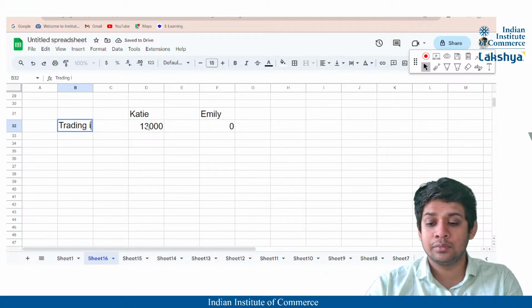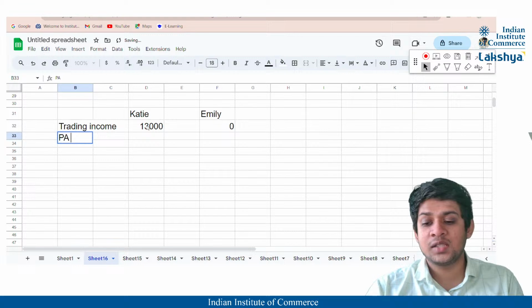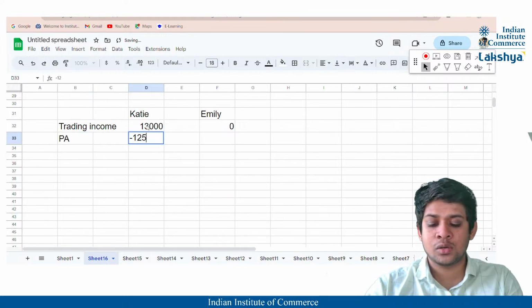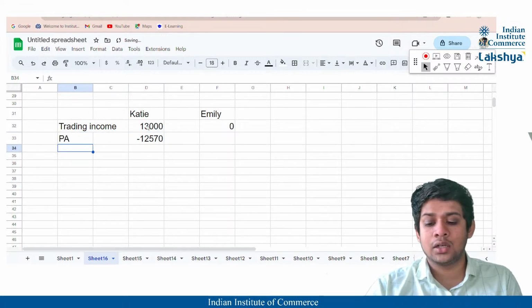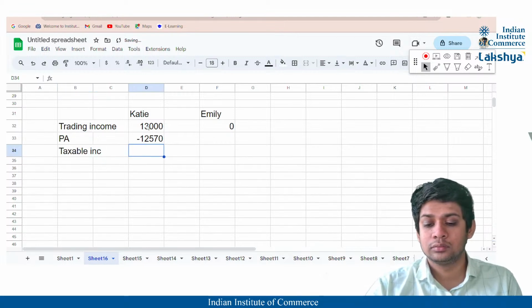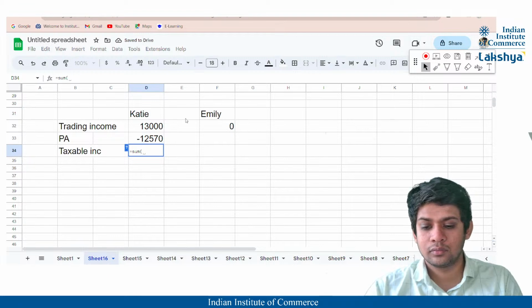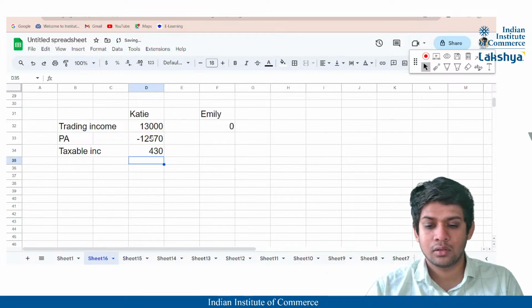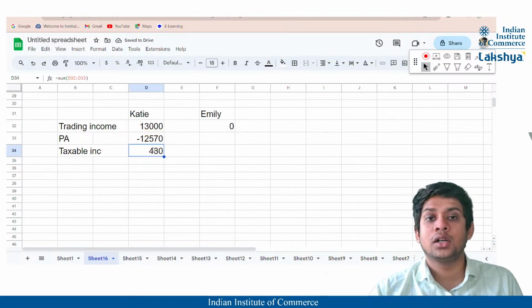It is trading income of KT, right? From this the personal allowance will be deducted, that is 12,570, and her taxable income will thus be 430. Correct? Her taxable income will thus be 430.